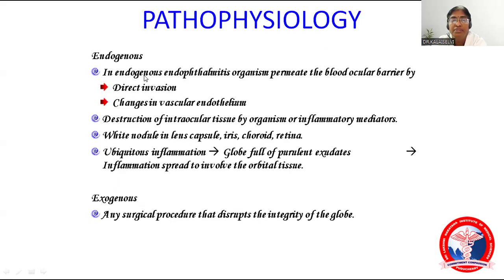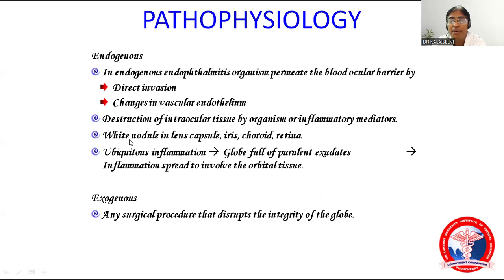And coming to the pathophysiology, how does the endogenous type happen? It is because of penetration of the blood ocular barrier, either by direct infection or there is a change in the vascular endothelium. Because of this, there is destruction of the intraocular tissue by the organism or by the inflammatory mediators.